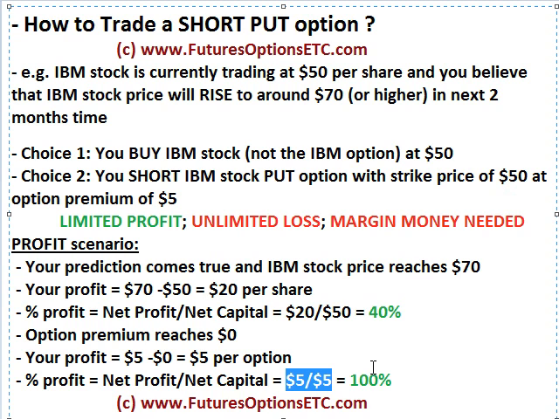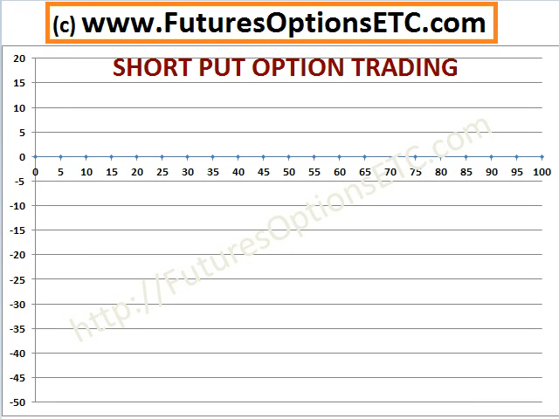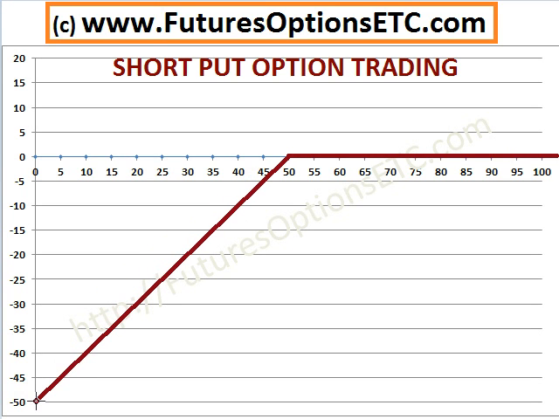Now let's see how this particular thing looks when you look at it from the payoff functions. A short put option, in this case we're talking about a strike price of $50, and this is how the short put option position would look like. What this means is $50 is the strike price here.